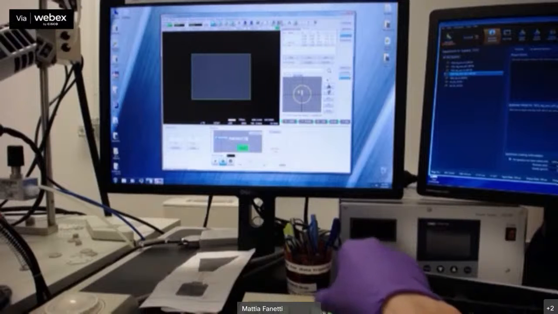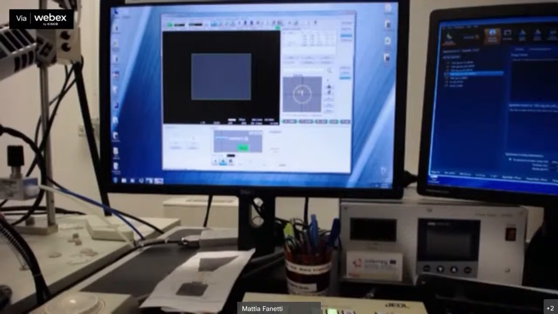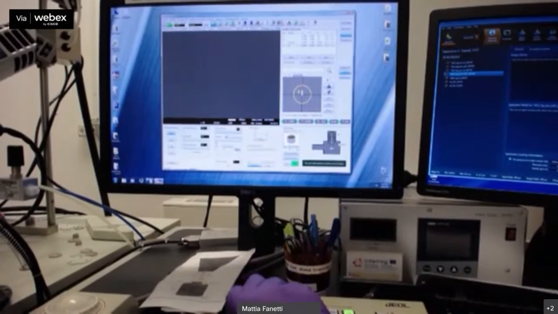Okay, it seems that the secondary electron detector has some problem. But I tried it 1 hour ago and it was working. So I don't know exactly what's going on.